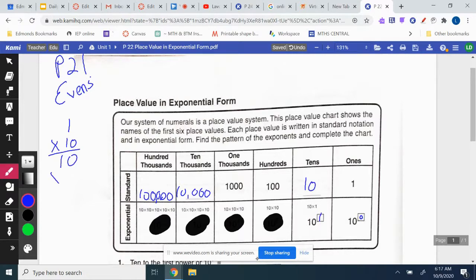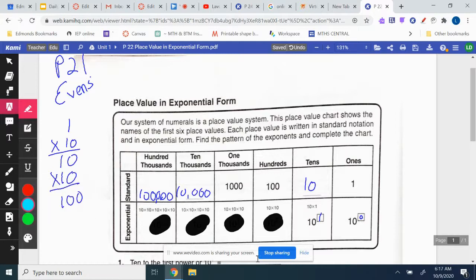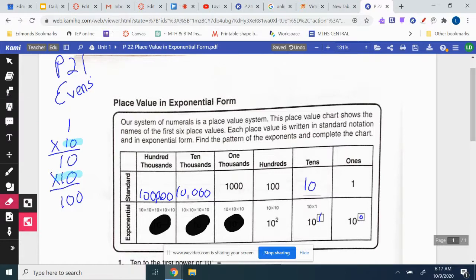Now I'm going to multiply this by another 10. And I get 100. So now you're starting to see that we have the same base. So I have 10 twice, and that gives me 100. So when I am working on this, filling out this chart, I'm going to have 10 squared.